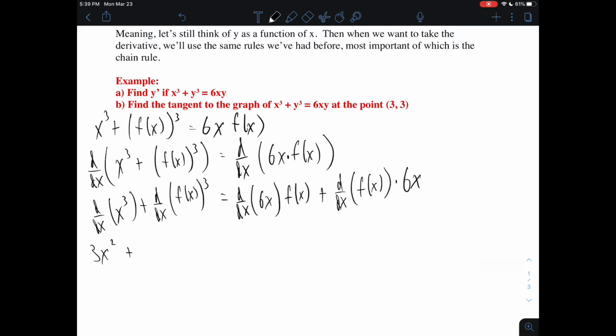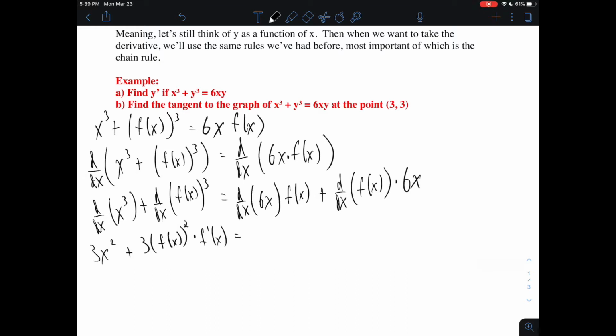So we use the power rule for that derivative, which would be 3 times the inside function raised to one less power, 2. And then we need to multiply by the derivative of the inside function. And all we have for this is just notation: the derivative with respect to x of f of x, that is f prime of x.